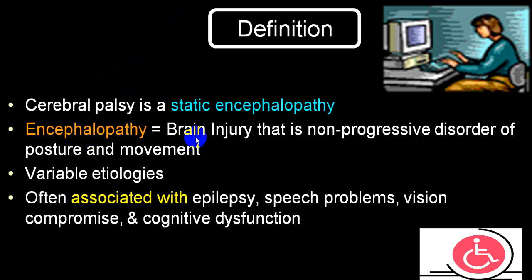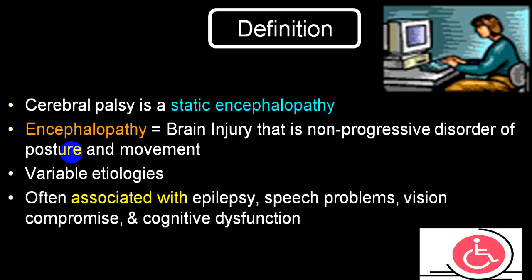Encephalopathy is a brain injury, a non-progressive disorder which involves two groups of neurons: the pyramidal tract, we call upper motor neuron, and the extrapyramidal system, which will have disorders of posture and movements.